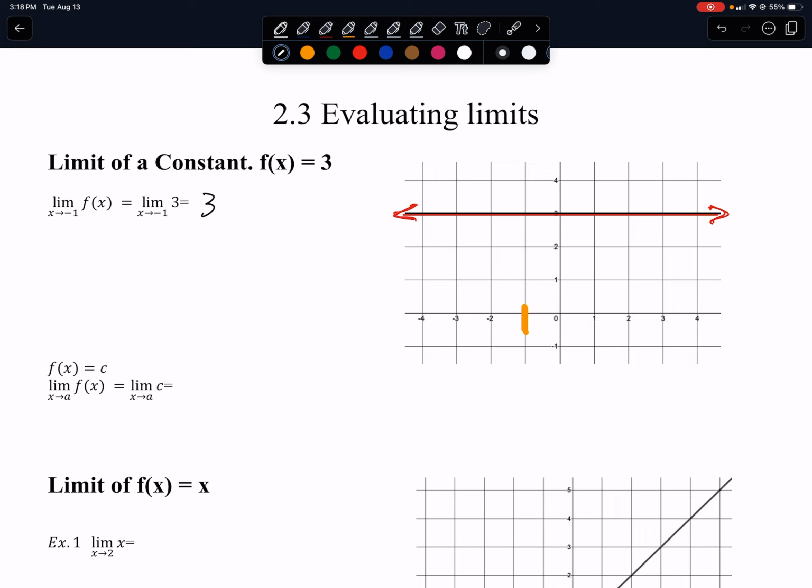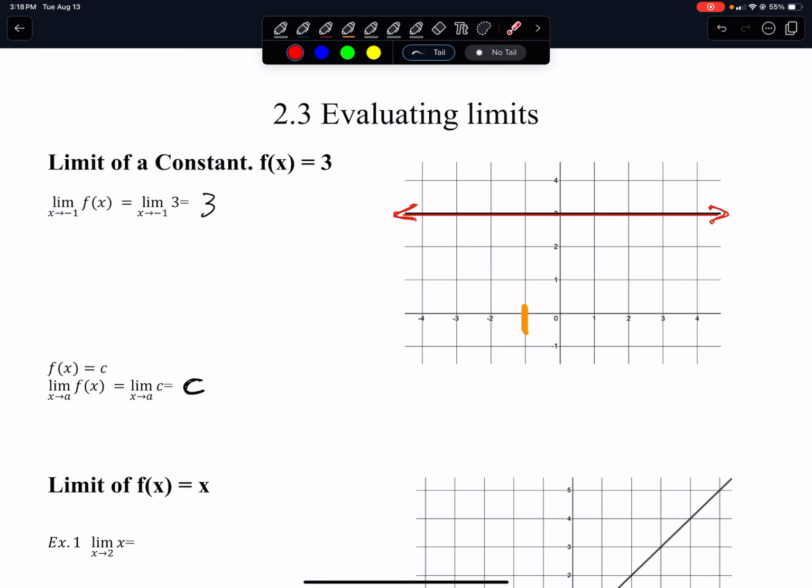Now, just to generalize this, what if you have the function equals c, a constant, where c could be any number? So if c were 2, you'd have that graph. If c were -1, this would be the graph. So as you approach a of a constant c, hopefully you see that the answer will be c.